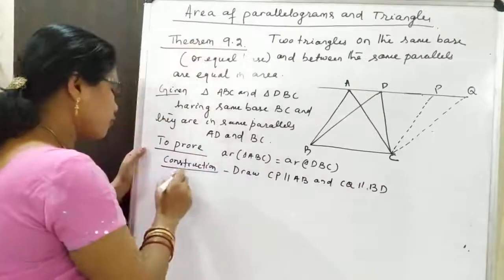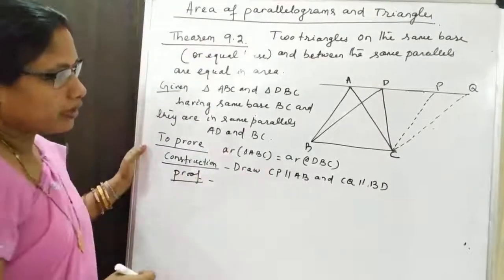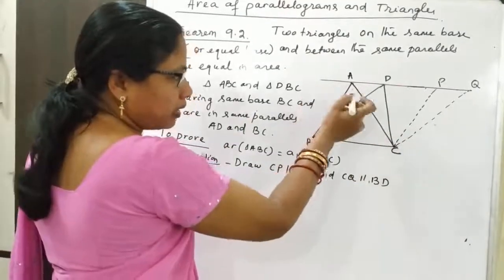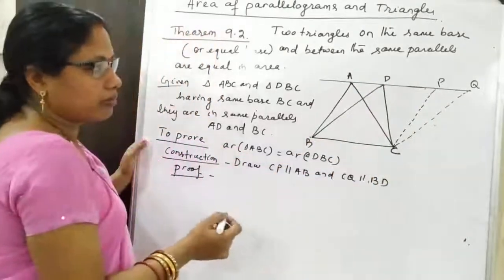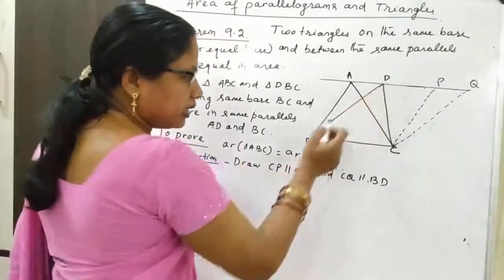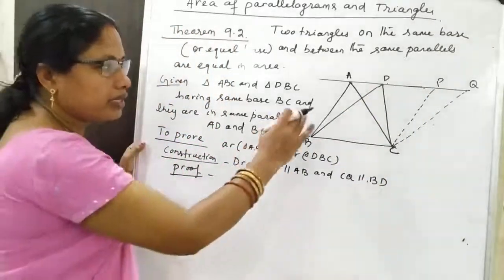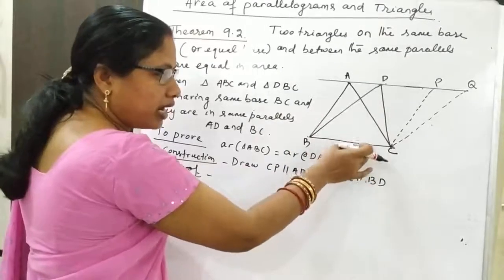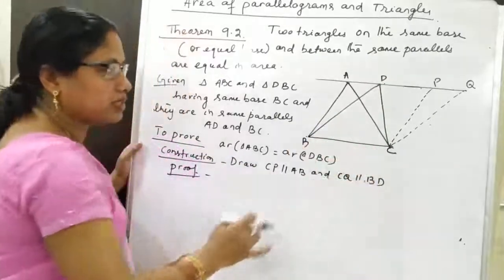So then proof. Look at the figure. By drawing CP parallel to AB, ABCP is a parallelogram, and like this DBCQ is also a parallelogram, and these two parallelograms have the same base BC and they are in between the same parallels AQ and BC.